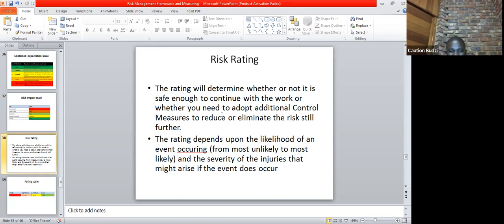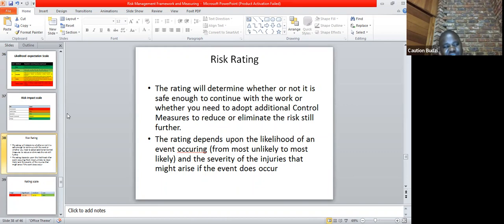So a rating is just a combination: we rate a risk by combining the probability of it occurring and the severity of the injuries caused by this risk.